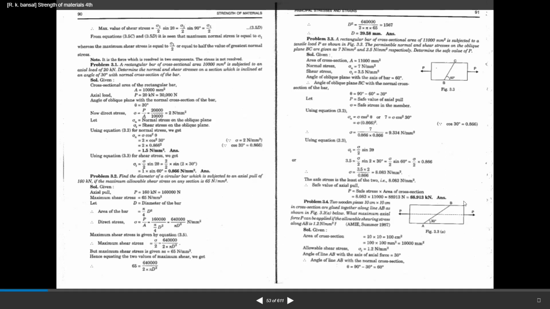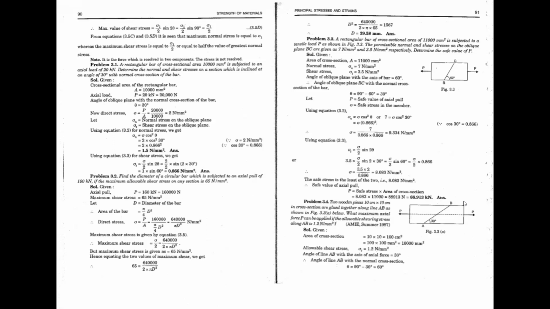In this problem you calculate the allowable maximum axial force P value. Wooden pieces, 10 centimeters by 10 centimeters in cross section.